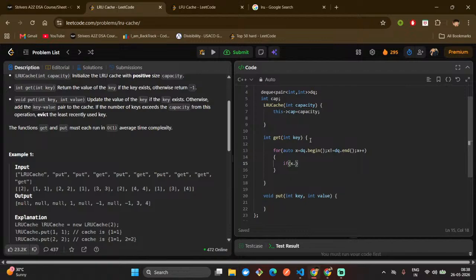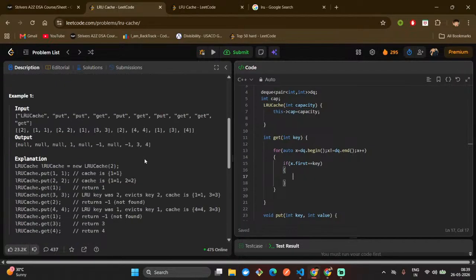If x dot first is equal to key, then we have to just, what we can do here. If the key is present, we have to just eliminate that key.